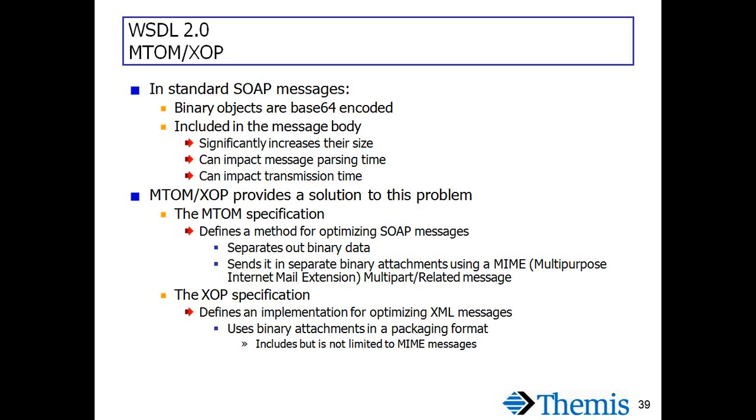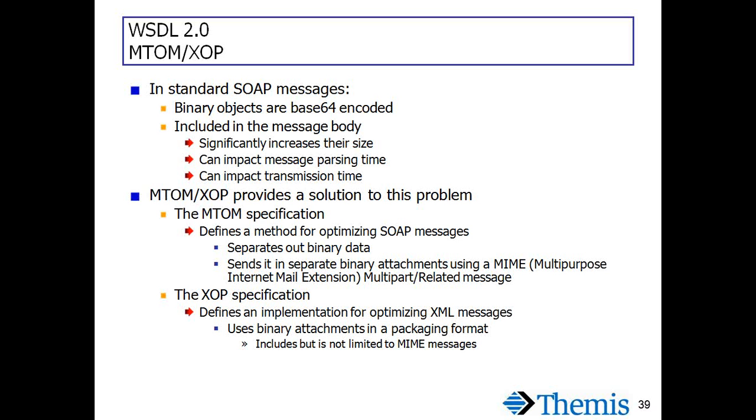CICS automatically encodes the binary data in what's called base 64. Think of it this way. It converts your binary data, and these could be GIFs, JPEGs, MPEGs, MP3s, MP4s, all kinds of things that can be stored, let's say, as large objects in the DB2 database.